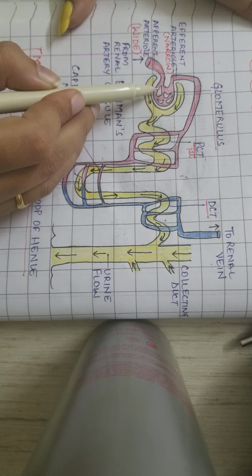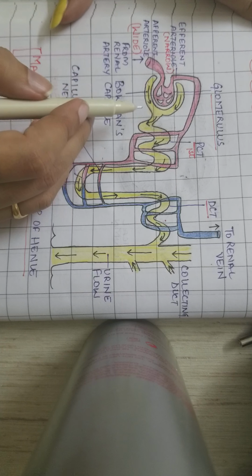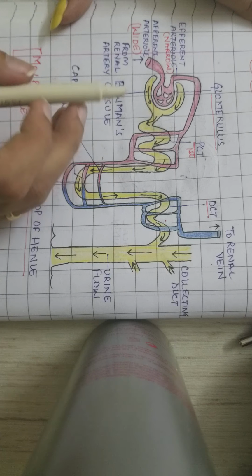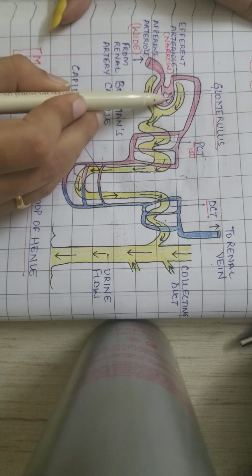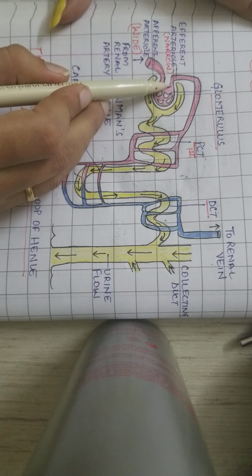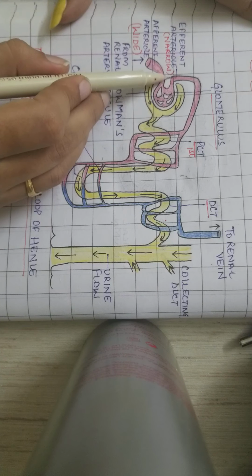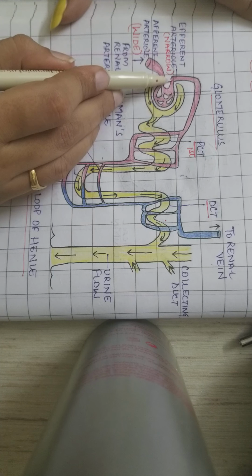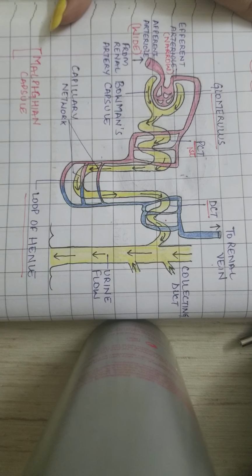The fluid entering the renal tubule consists of water, urea, salts, glucose and other plasma solutes, and the remaining thicker part leaves through the efferent arteriole, left behind in the glomerulus after ultrafiltration.